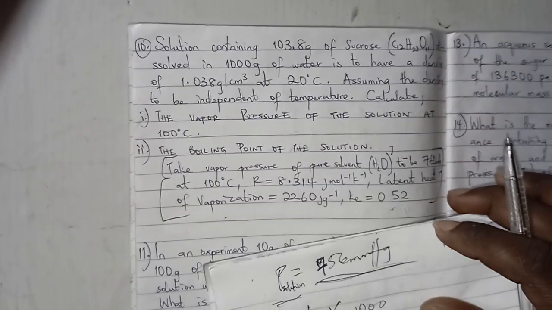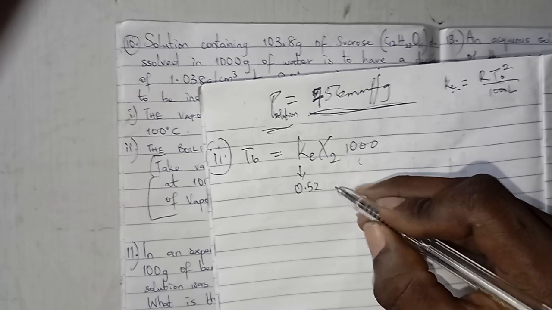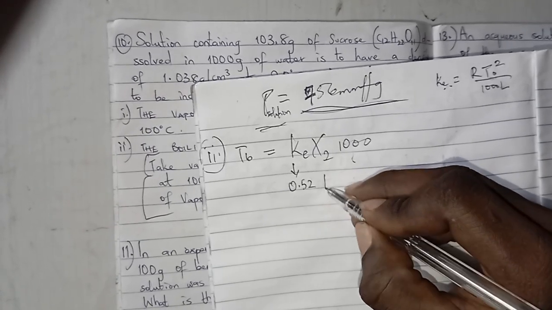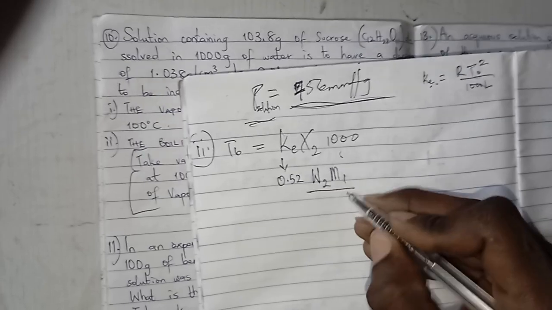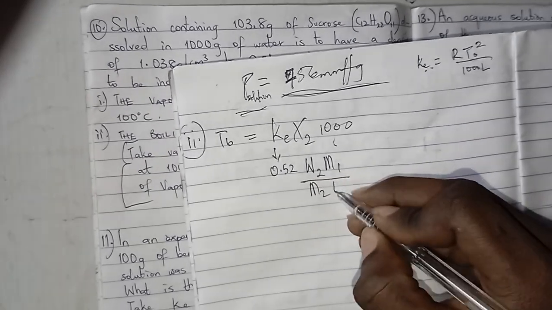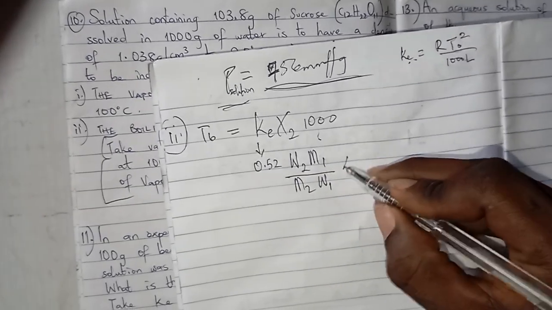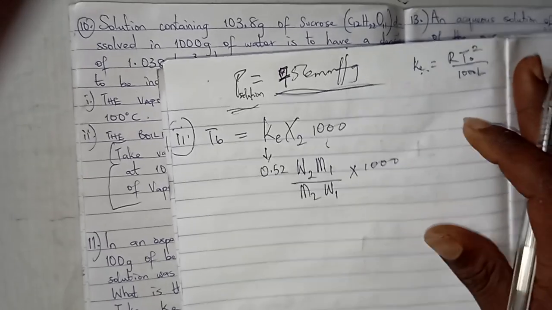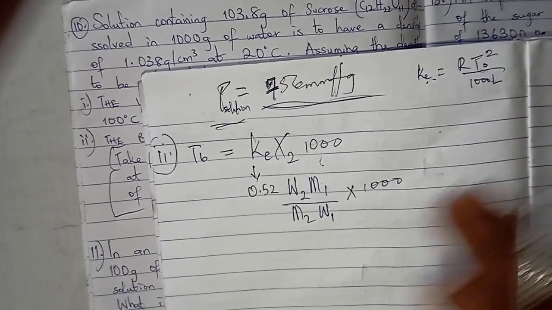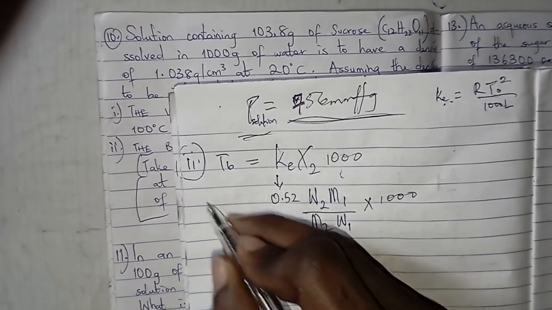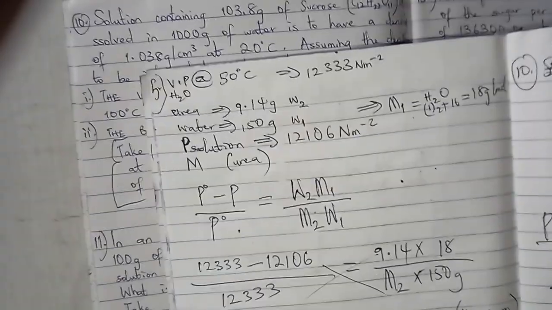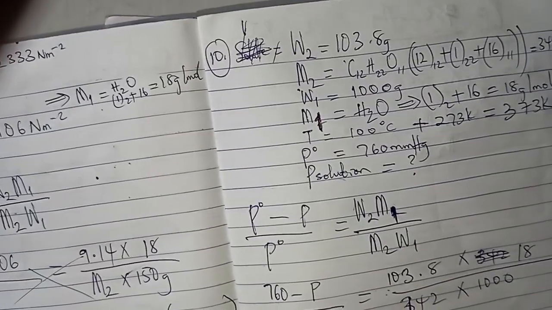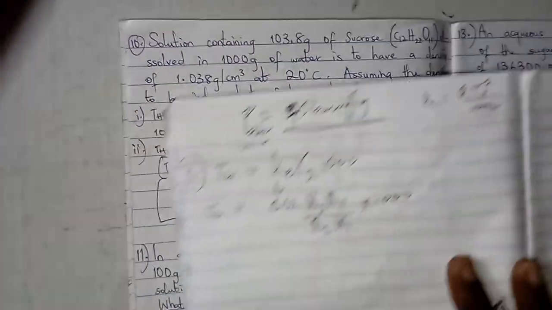And then mole fraction is the same thing as W2 M1 all over M2 W1, times 1000. So all we need to do is substitute all the values we have to get our TB. From the question, W2 is 103.8.